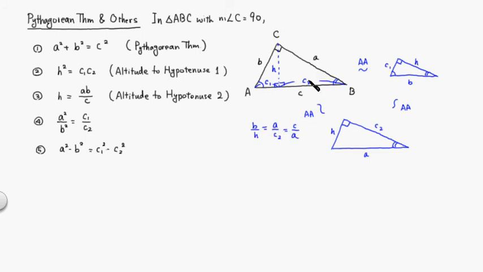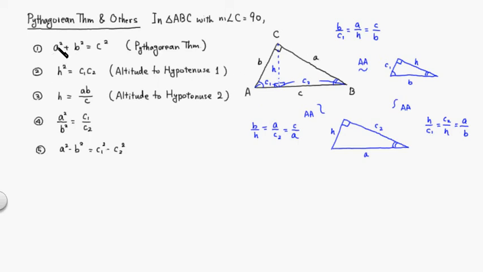Between these two, b corresponds to c1 is equal to a corresponds to h, and c corresponds to b. And between these two, we can do h corresponds to c1, and c2 corresponds to h, and a corresponds to b.